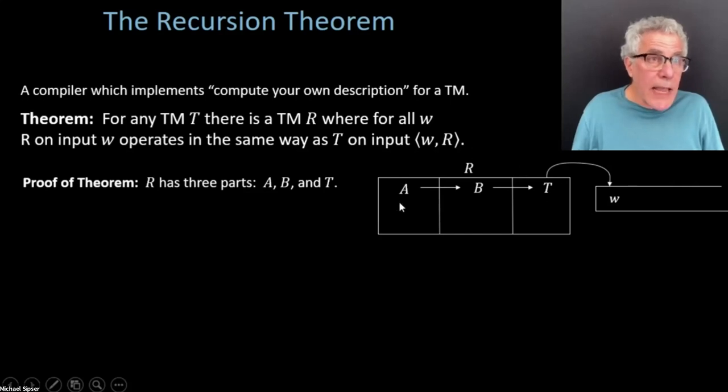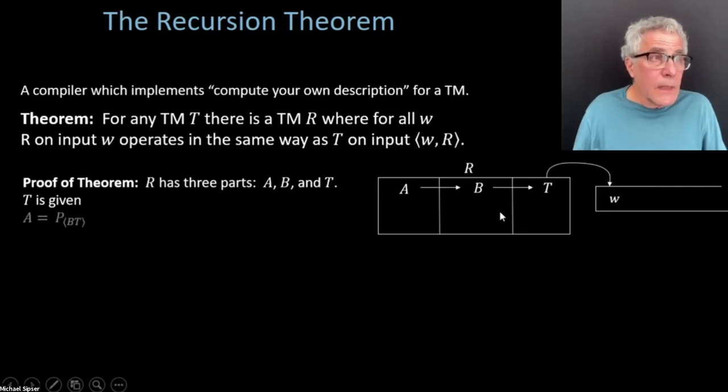The compiler is going to add on the A and B parts, which get the whole description of the whole thing, which is R, and feed it into T, as if T had it as an input. So T is allowed to get its own description now, and does its thing on the input W.